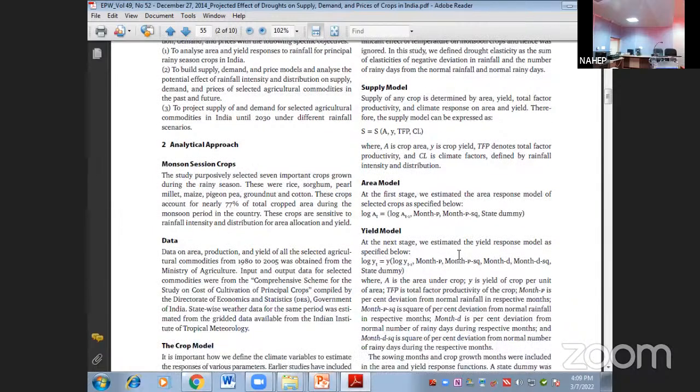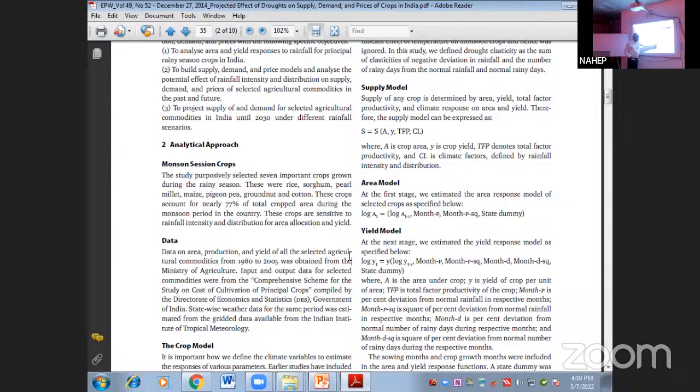Then I take the yield model: last year's yield, this year's yield, and the rainfall during the growth period. Because the sowing period affects the acreage, while the productivity is affected at the time of growth of the crop, flowering, and seed setting. Suppose the crop takes 2 months for growth, so we take the rainfall for those 2-3 months.